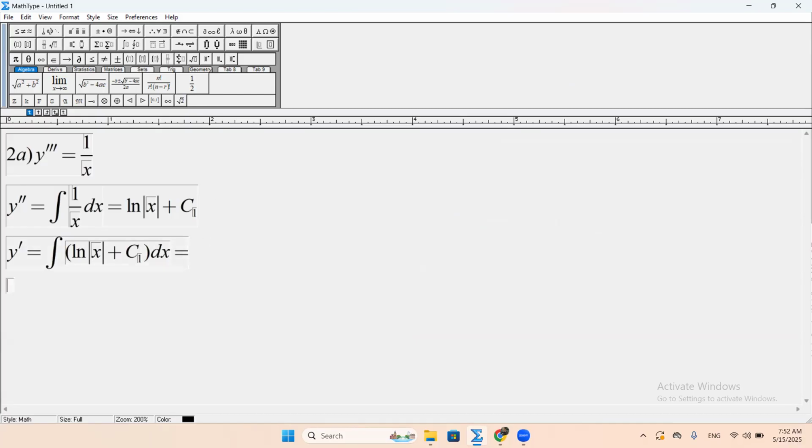Actually, we will calculate integral of the logarithm separately. So integrating by parts, reminding you how to do it.